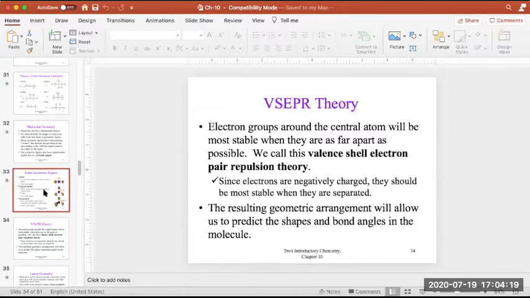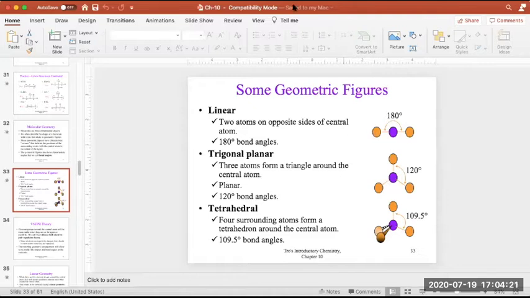If you go to the previous slide, you have two bonds, and in each bond you have two electrons. So this is the perfect arrangement of the two bonds so that the electrons cannot repel each other.